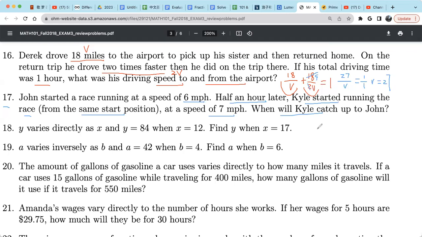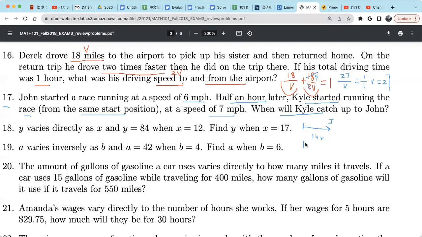Let's see this starting point. John started first, so let's call this J. His speed was 6 miles per hour.